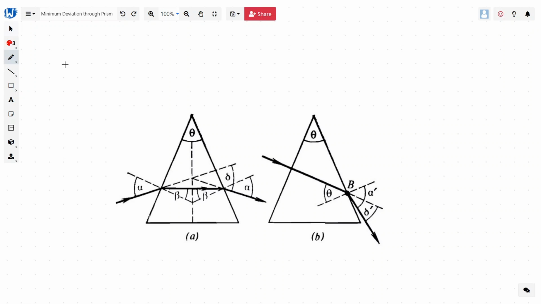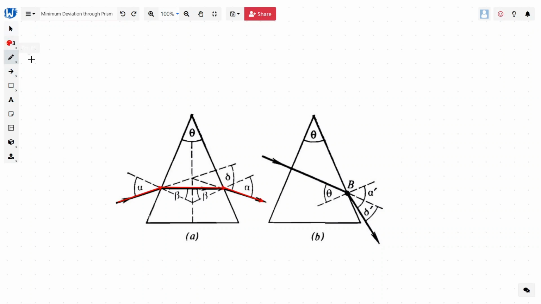So if you remember our last session, we proved that if we have two prisms like this and the ray of light is coming, in case of symmetrical passage of light, the deviation is minimum, right? So we used some calculus to prove this. If the ray of light was coming like this and passing symmetrically through the prism, the deviation turns out to be minimum, right?